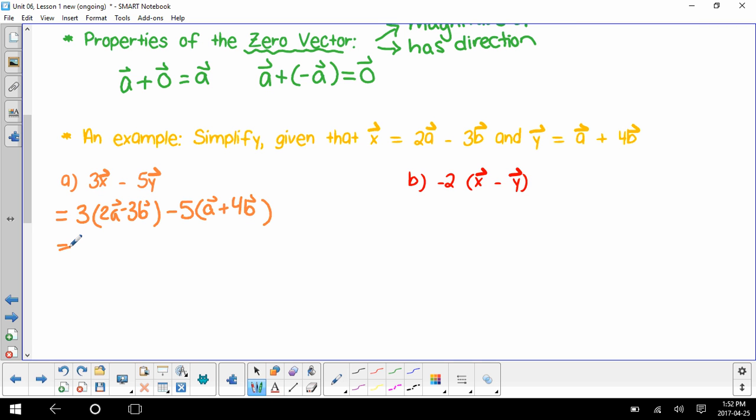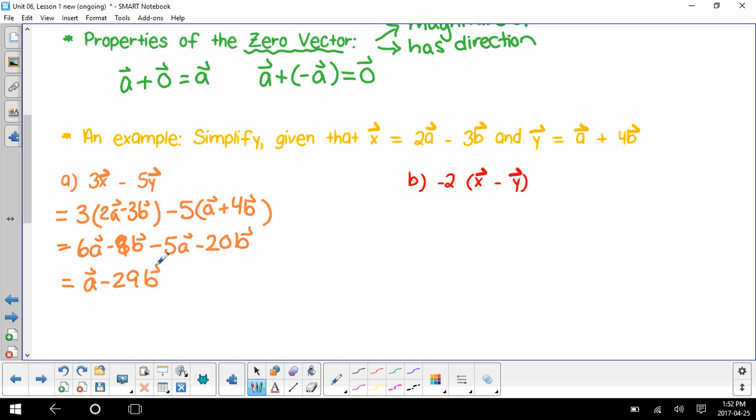And then we're going to simplify like you normally would. So we're going to multiply out, distribute that 3, maybe another way of thinking that should be 9, and distribute the 5. And group our like terms. So you're allowed to put that 6 vector A minus 5 vector A together to give us just vector A.